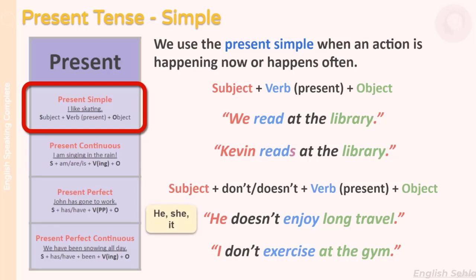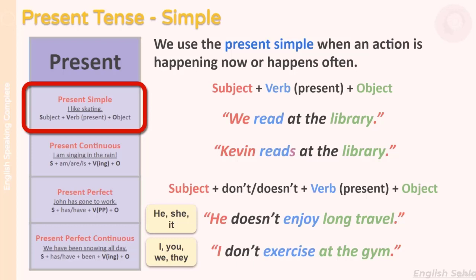Of course, third person pronouns, he, she, it, we would use doesn't. And for don't, we have I, you, we, or they. They don't exercise at the gym. We don't exercise at the gym. So we just need to remember which we use, doesn't or don't, depending on the subject pronoun.